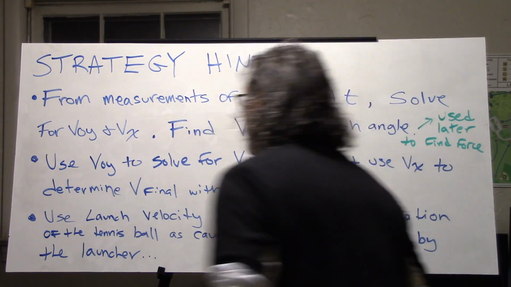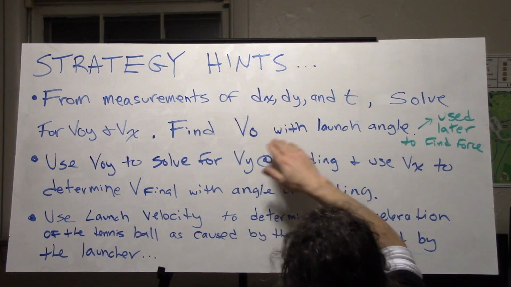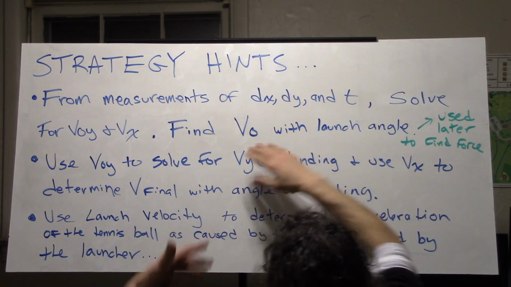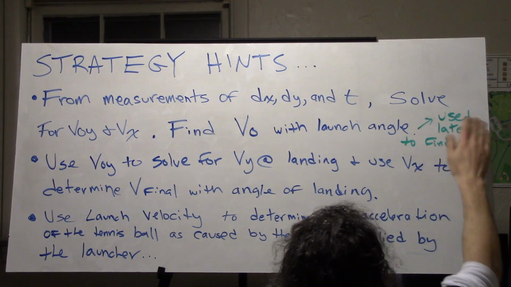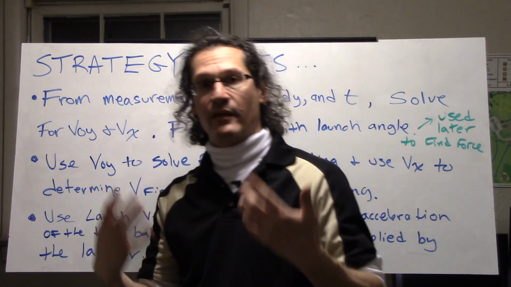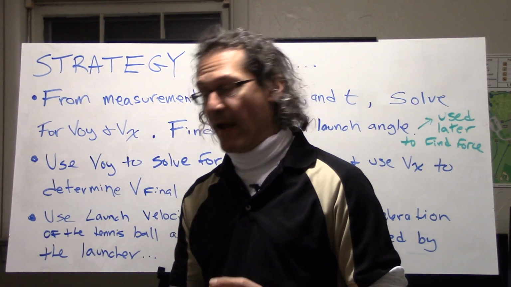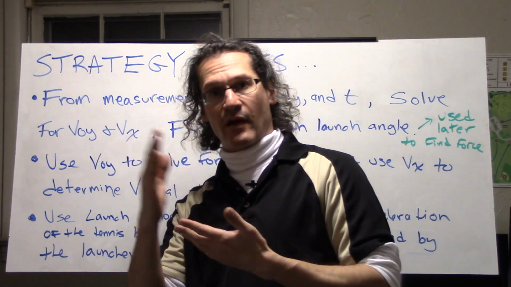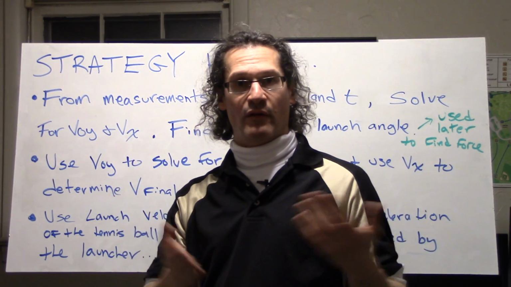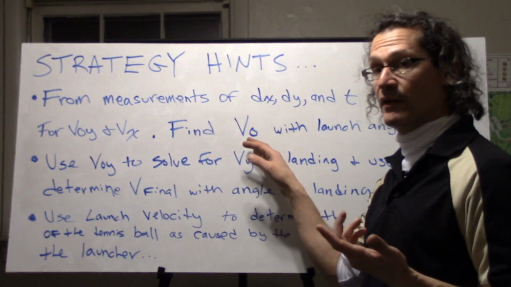So you want to find v naught, with a launch angle. We're going to find this because it's going to be used later to help us find the force that the catapult or tennis ball launcher or whatever design you have is going to use to push the tennis ball. Okay, so that force will push the tennis ball, and we need this v naught in order to find it.